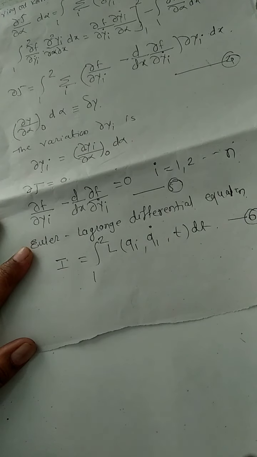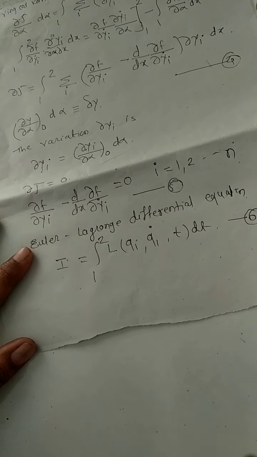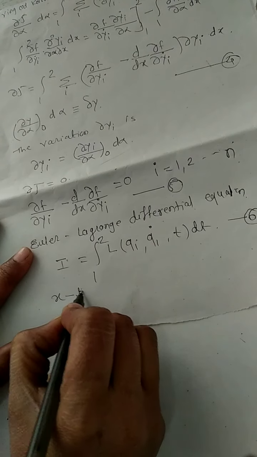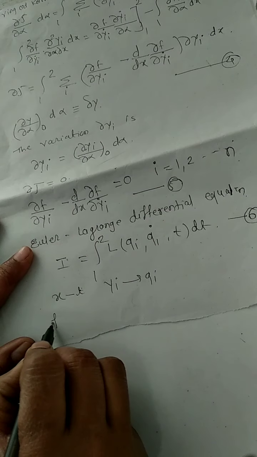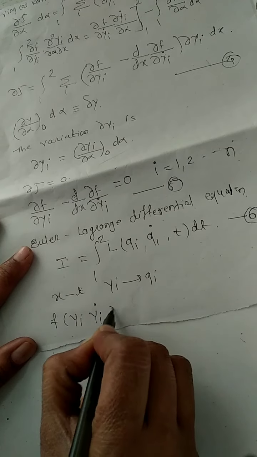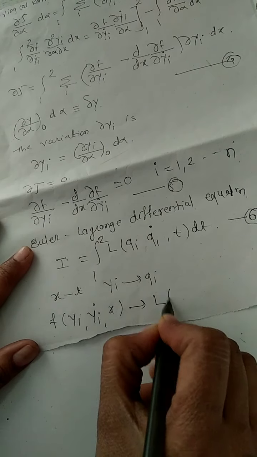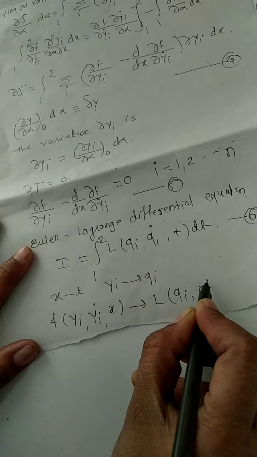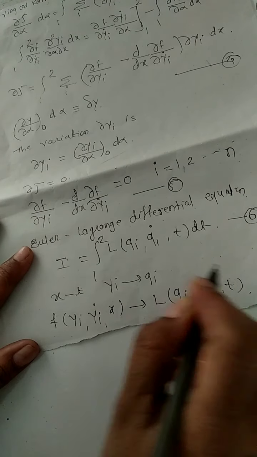It has just the form stipulated in equation 1, with the transformation x to t, yi to qi, and f of yi, yi dot, x to L of qi, qi dot, t.